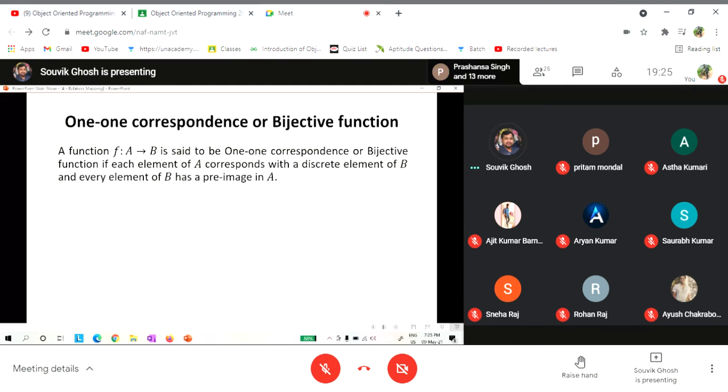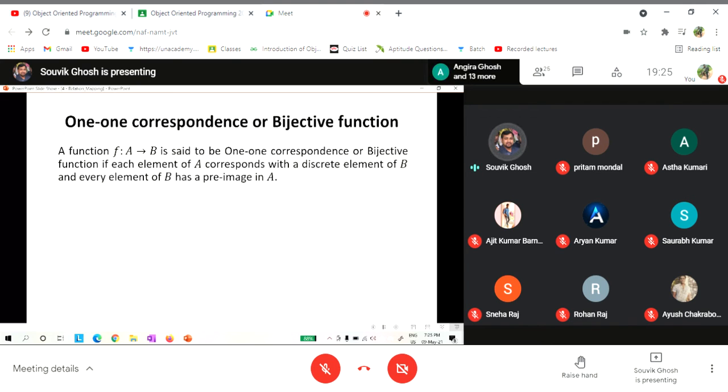So the definition is: a function f defined from A to B is said to be a one-one correspondence or bijective function. This bijective function is also known as one-one correspondence if each element of A corresponds with a distinct element of B. So at first it should be a function.